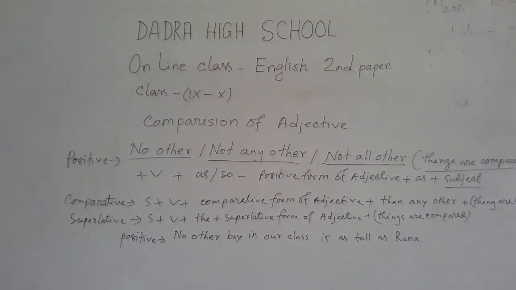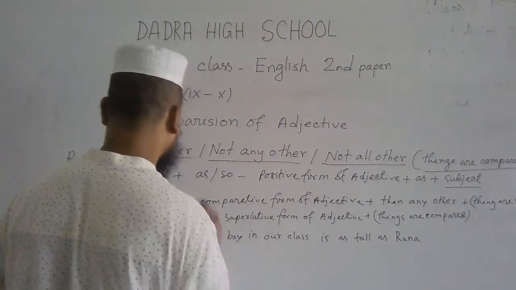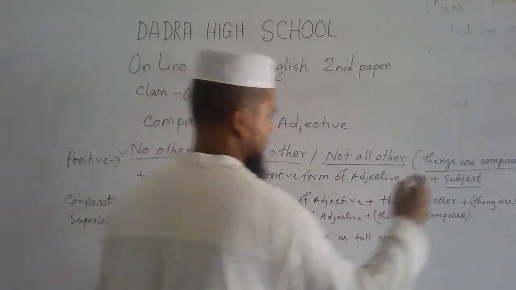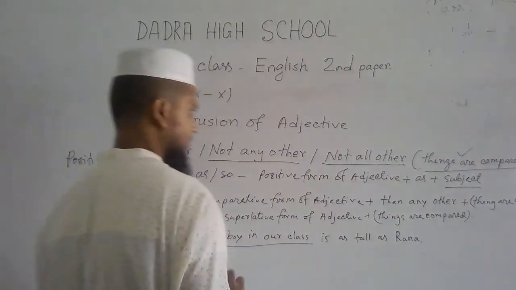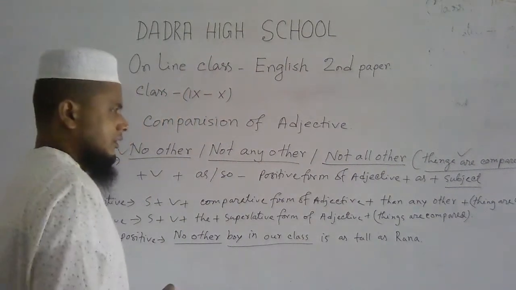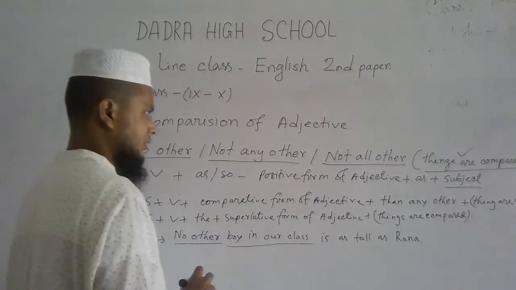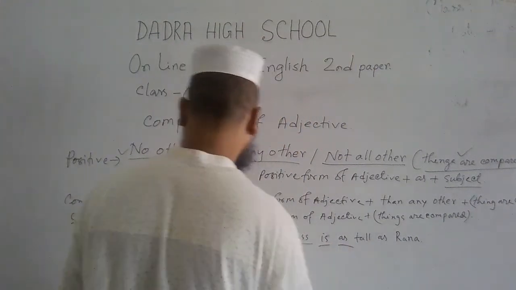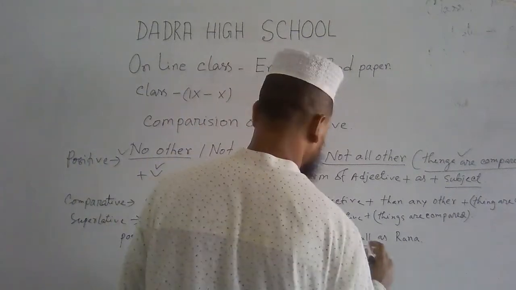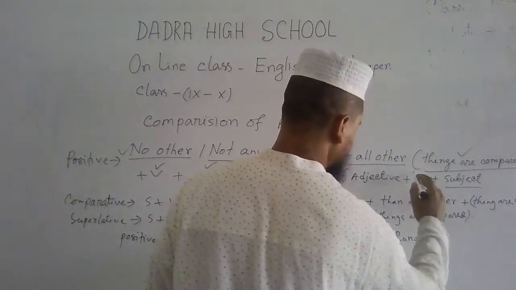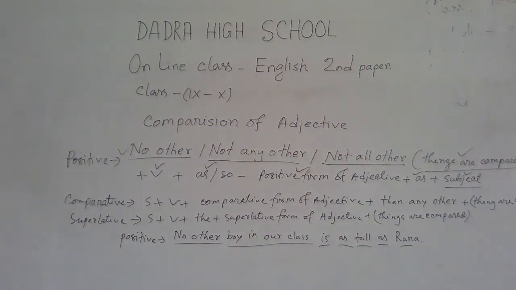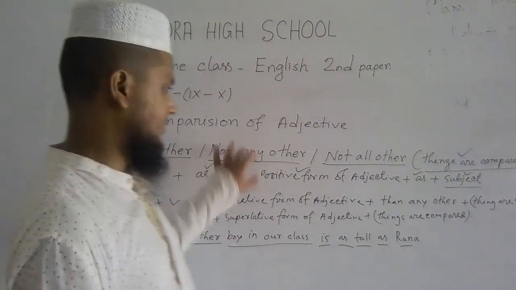No other boy in our class is as tall as Rana. This is no other boy in our class, things that we compare, or persons or places that we compare. Next verb, as, tall, positive form of adjective, as Rana, subject. Thus, you will get the similarity between the structure and the example.